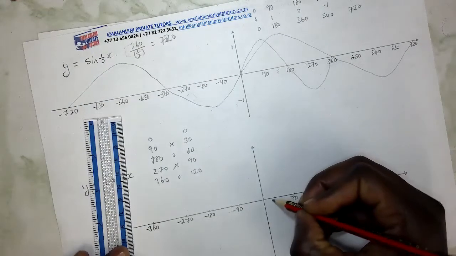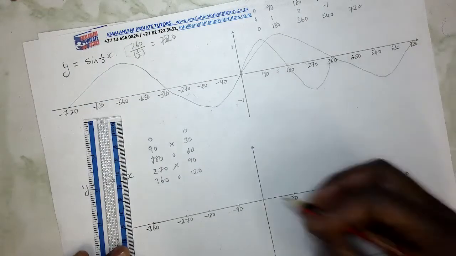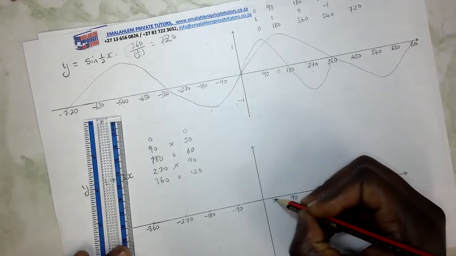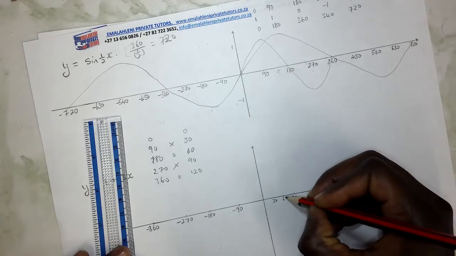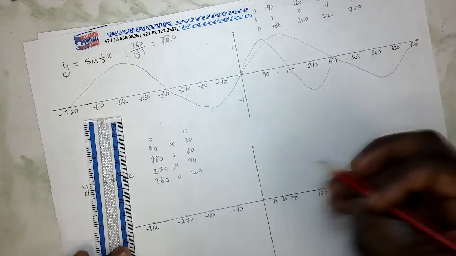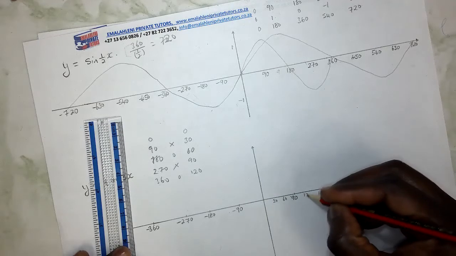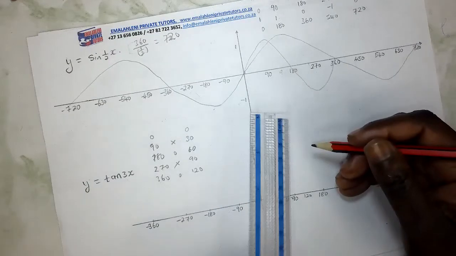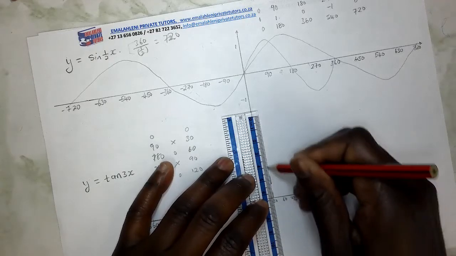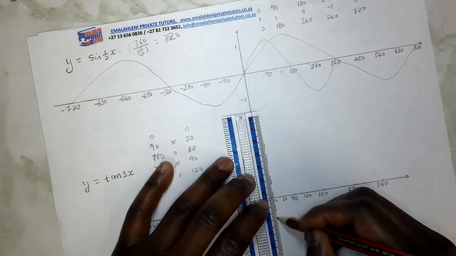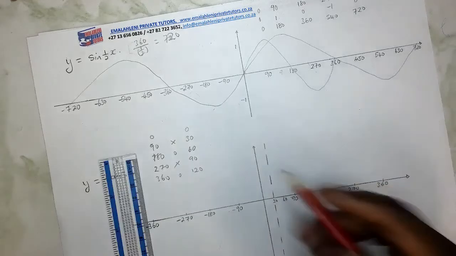So what do we know now? At 30, and 60, and we have 90 and 120 here. So now our asymptote should be at 30. The same goes on the negative side.